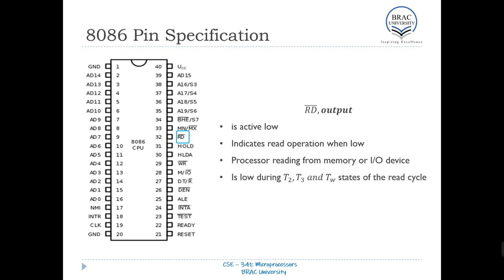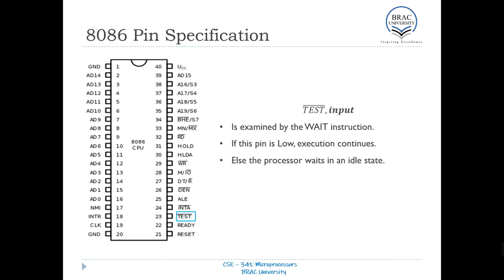It may or may not be present, and we'll learn more about these states at a later time. The test pin is related to the wait instruction. After the execution of a wait instruction, the microprocessor enters an idle state and continues to be in this state until the test pin is set to 0 or low.